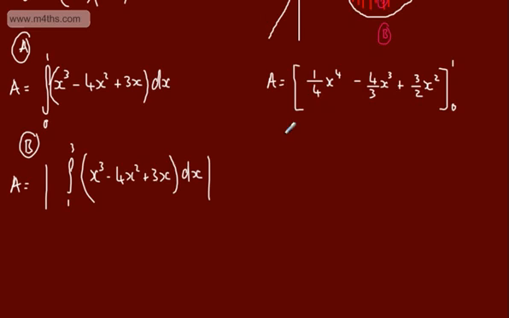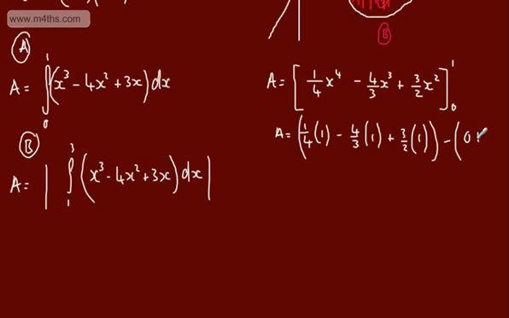Now what you would show is the following. You'd show that the area is going to be 1 over 4 lots of 1, and this is slightly tedious, but you may be required to show it in an exam, plus 3 over 2 lots of 1. And then what we do is subtract away from that 0 plus 0 plus 0, as if I evaluate 0 through here.